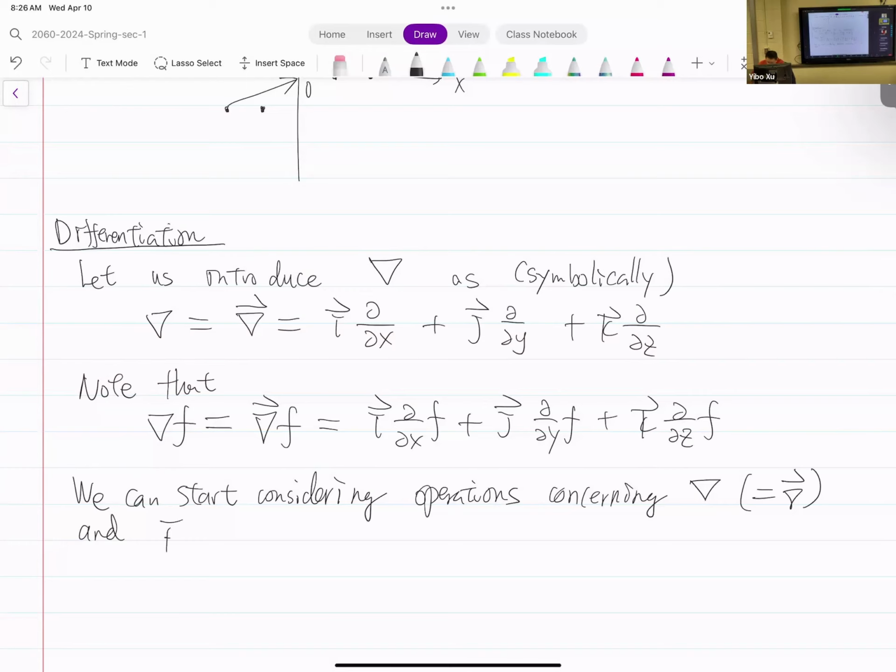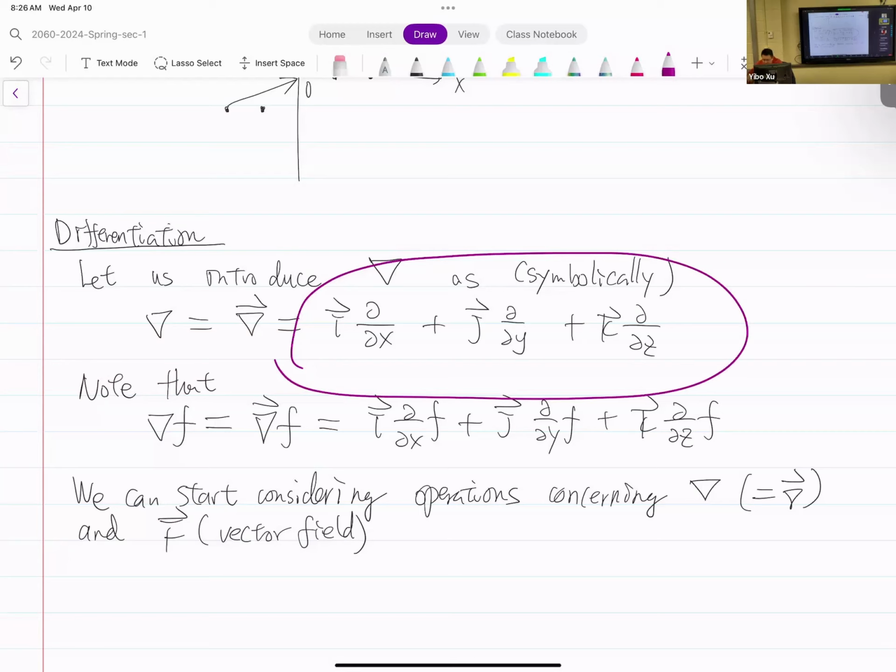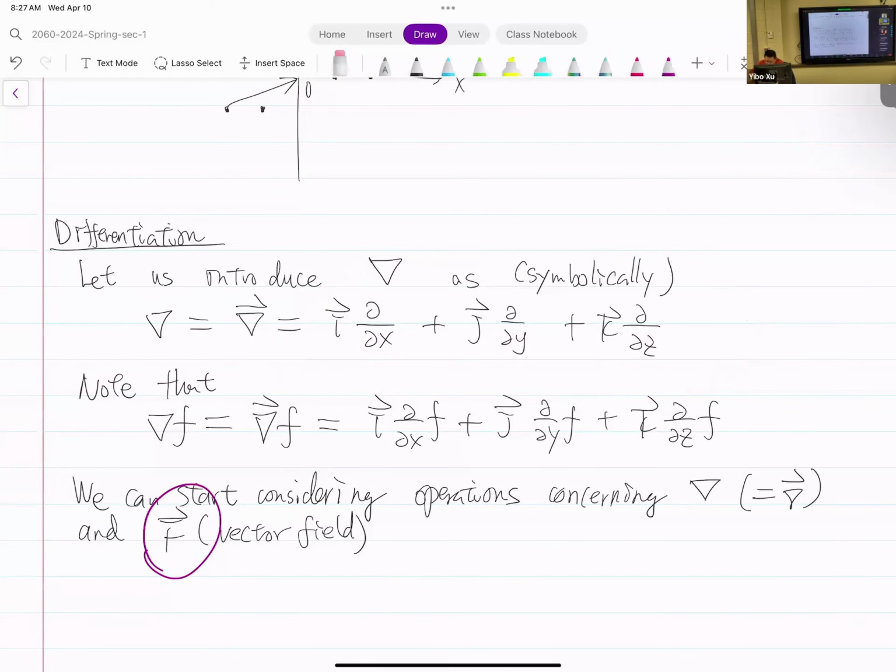And along with the vector field. Okay. So what's interesting is the following. Here, nabla is actually returning you some kind of a vector, right? And then the vector field F is also a vector, in the form of a vector, okay?